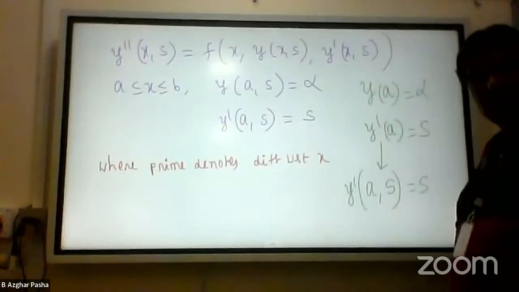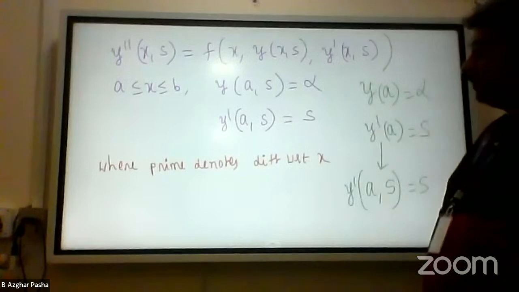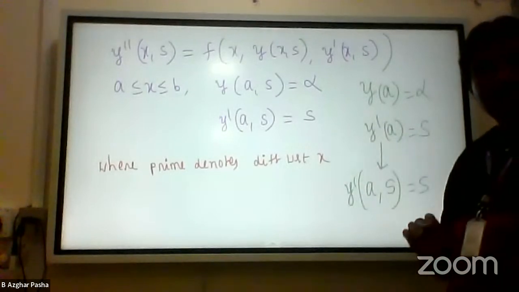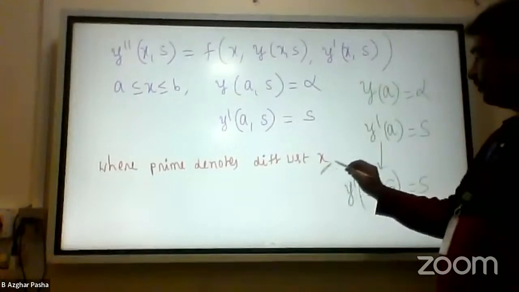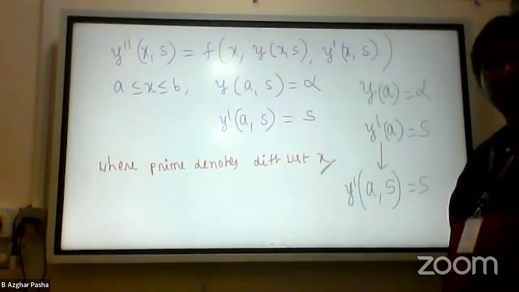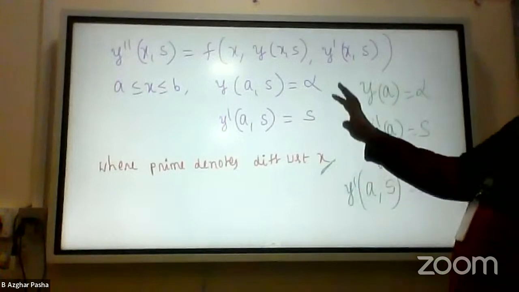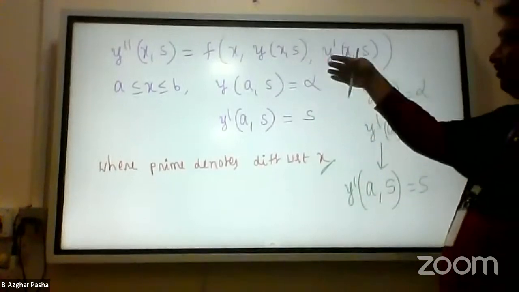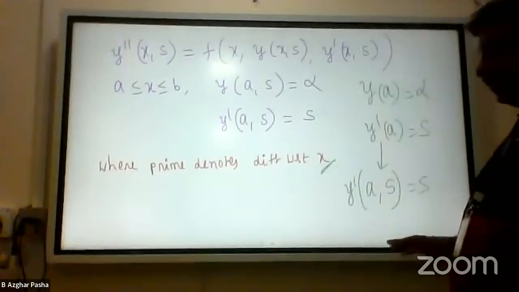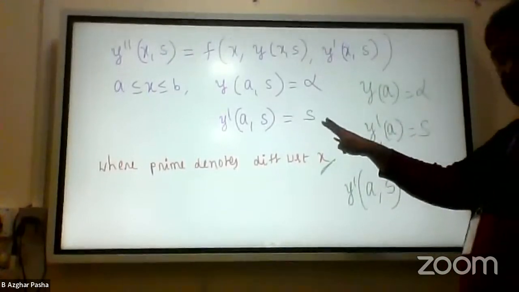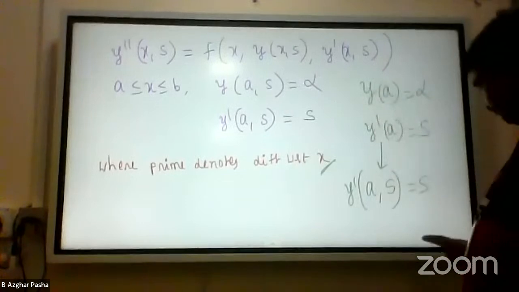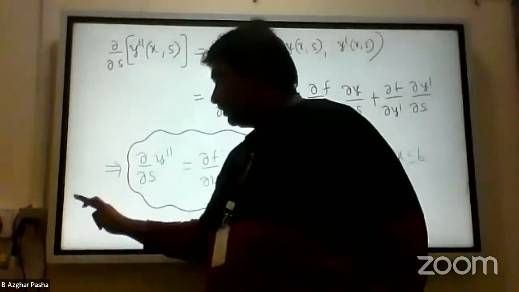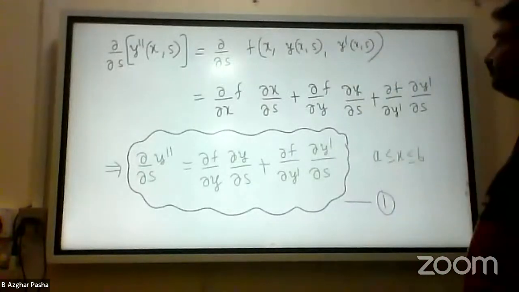Y dash of a is equal to s. What I have written is the derivative with respect to x. This is important, with respect to x. So I have rewritten the given boundary value problem in this manner. I have converted it into an initial value problem. Still the process is not complete.